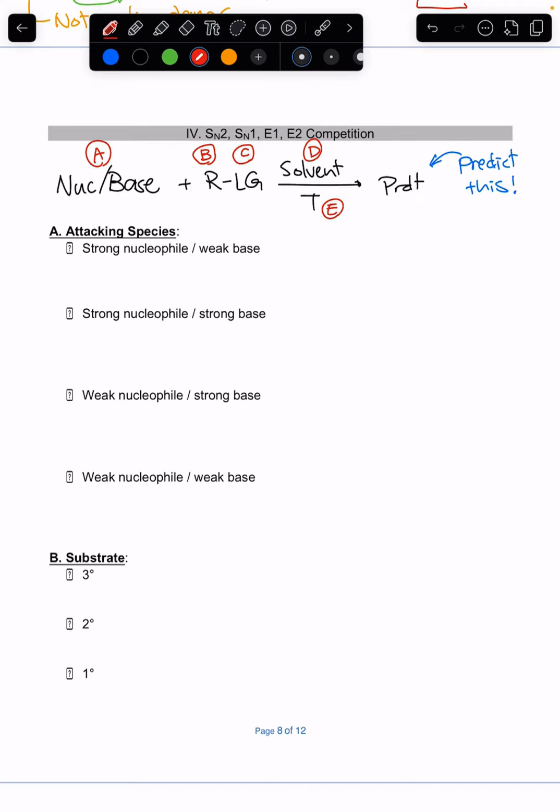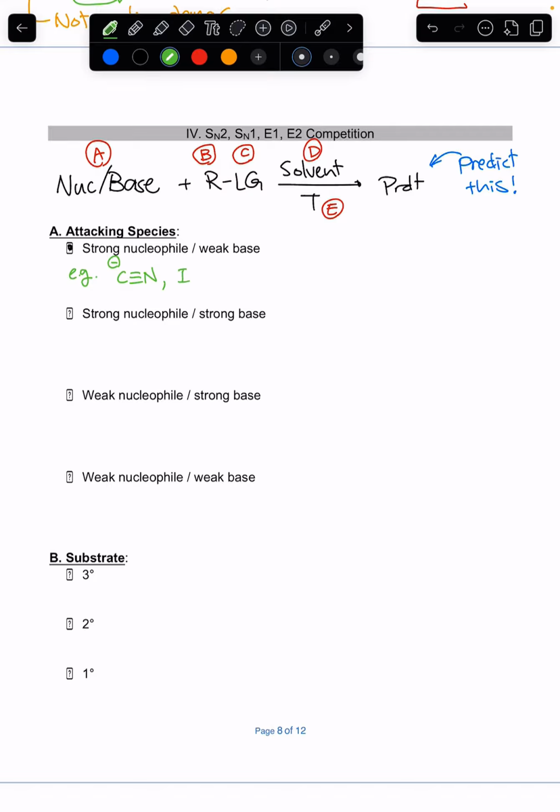Again, I apologize, I don't know why the symbols don't show up, but this was supposed to be just a dot. So if the attacking species is a good, strong nucleophile, but not that strong as a base, for example, cyanide is somewhat basic, but it's not a good base per se.